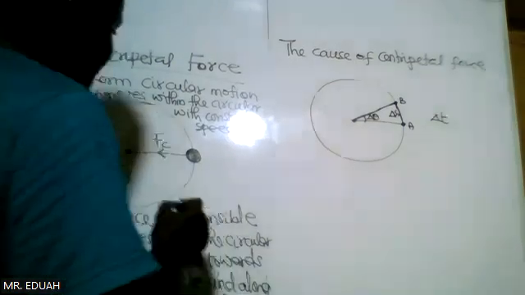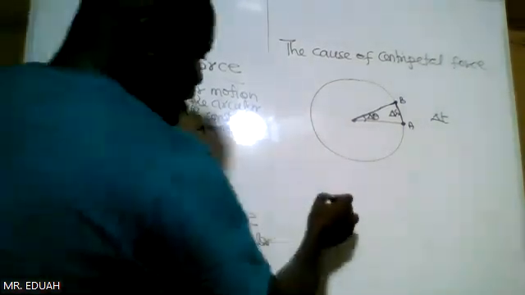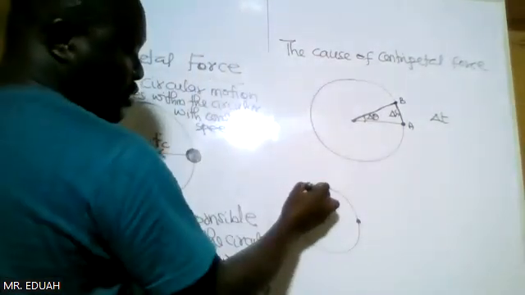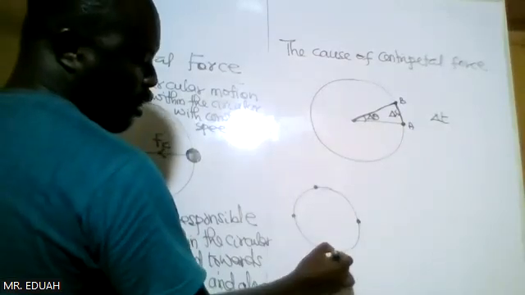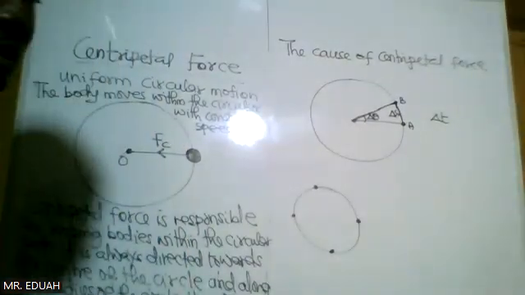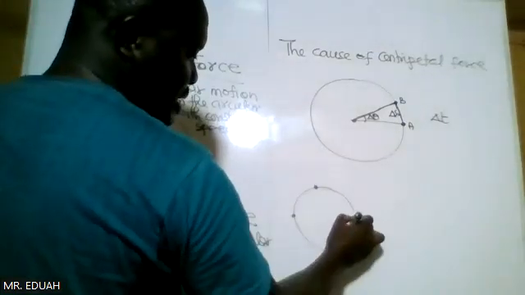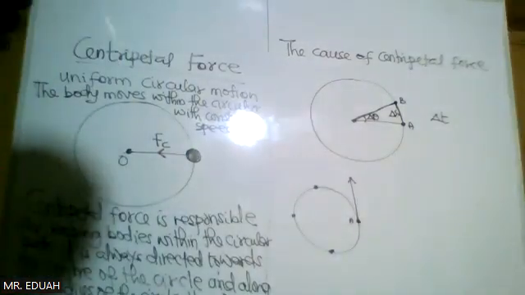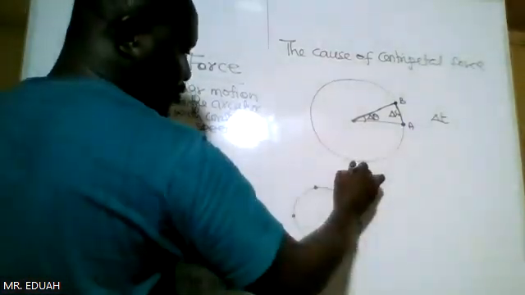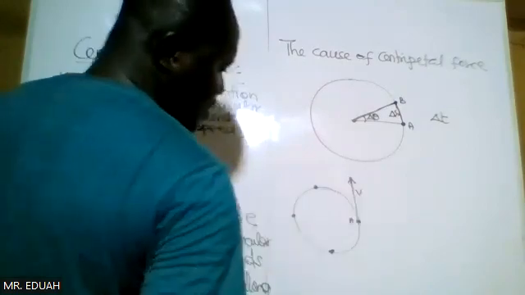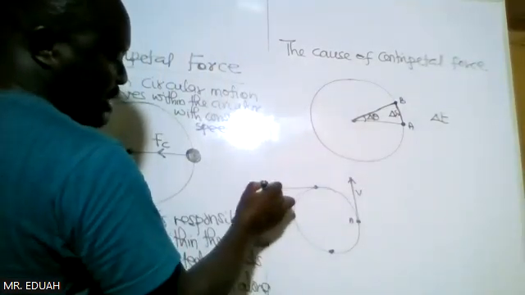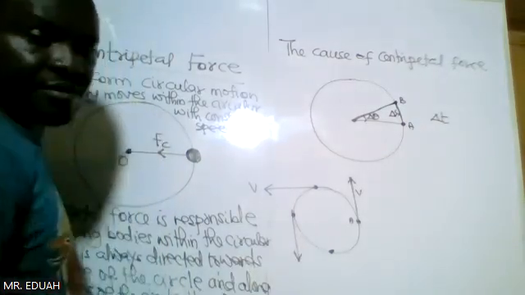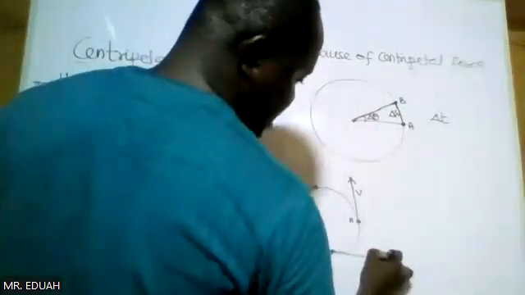Now, when the body is in circular motion, its direction is changing at every point. Let's take four points along the circle. When the body is here, its direction is towards the side, so its uniform speed V is here. When it gets to this point, its direction is here. When it gets here, its direction is here. When it gets to this point, this is its direction.